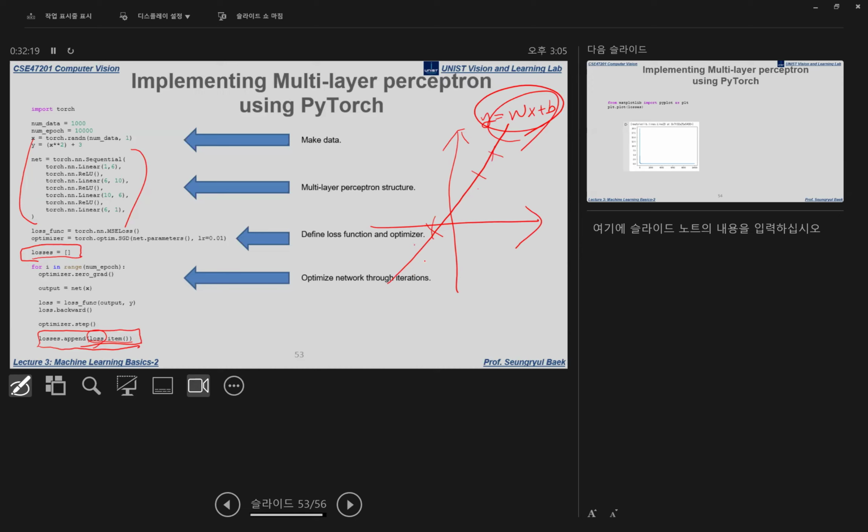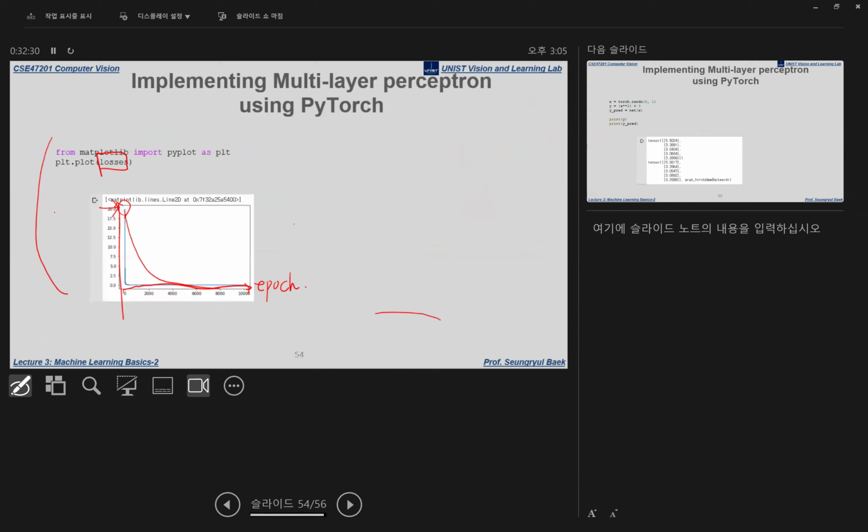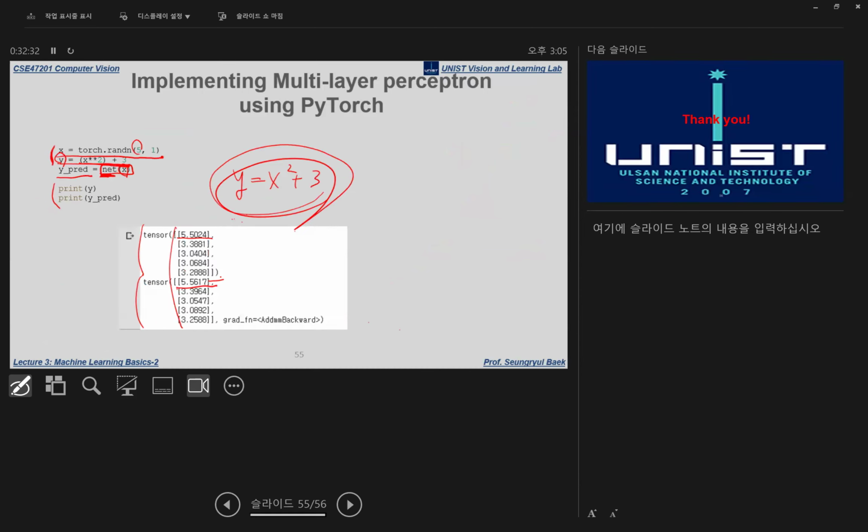But by stacking linear layers multiple times and using some nonlinear sigma in the middle of the linear layers, we indeed can make them mimic nonlinear functions, such as the quadratic equation. Okay. So are you guys following this?